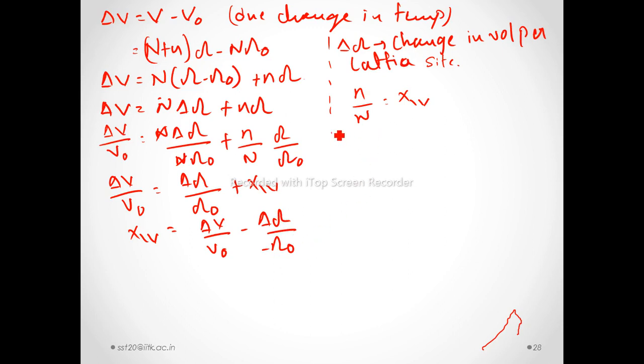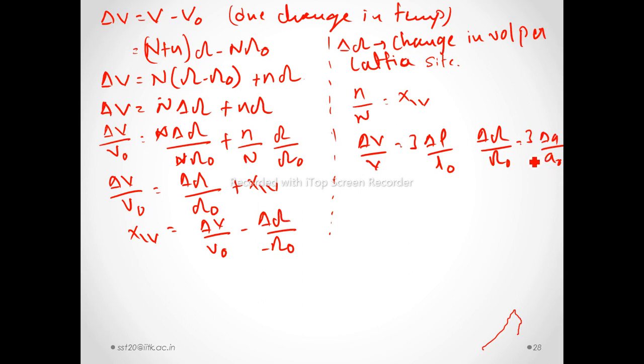We know that delta V by V equals 3 times the change in length by original length, and delta omega divided by omega naught equals 3 into delta a by a naught.